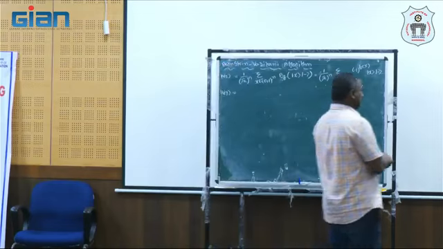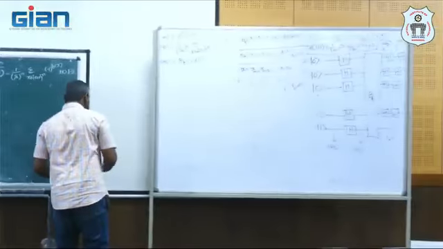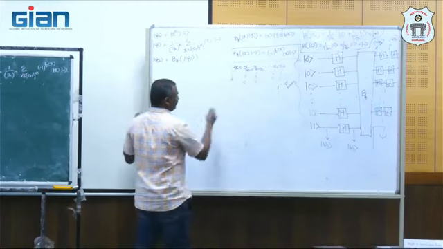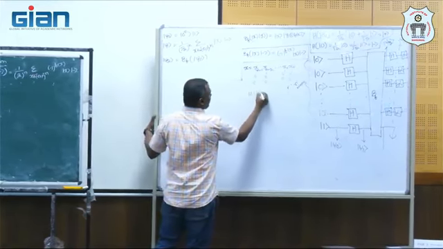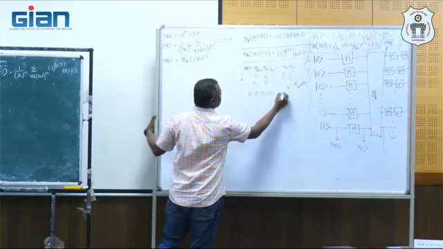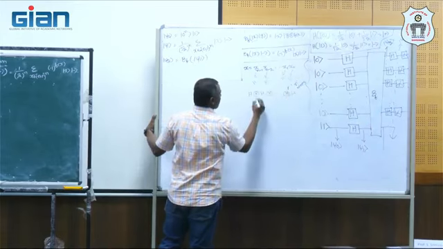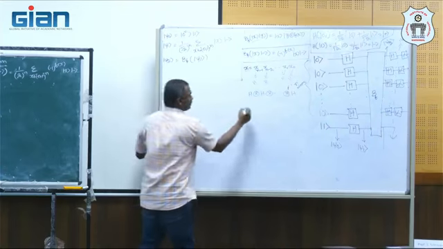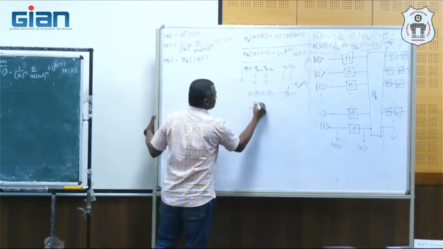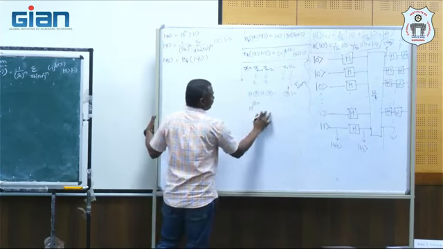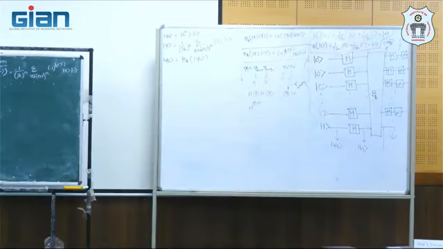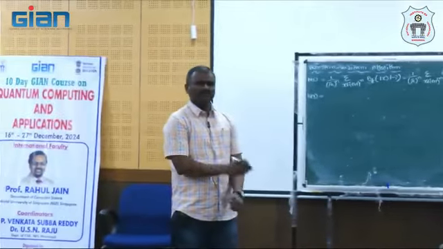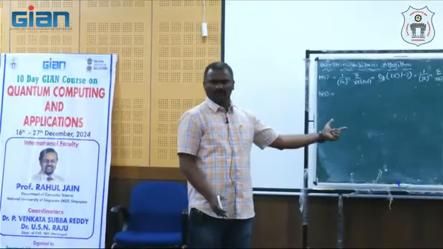N times, because x is an n bit string, no. So this is H tensor n, this is the notation we use, no. This notation has already been used, no.